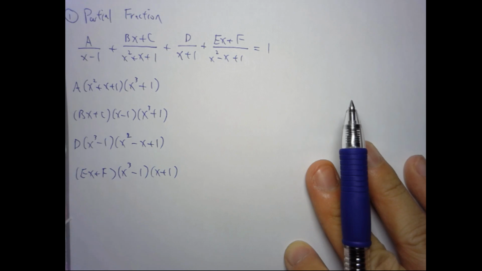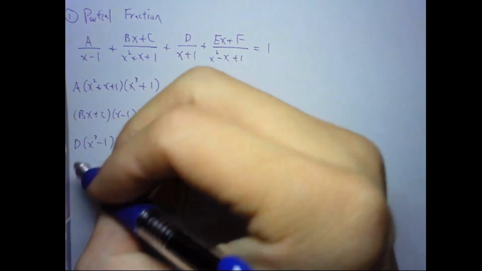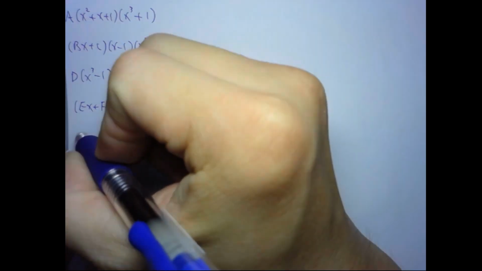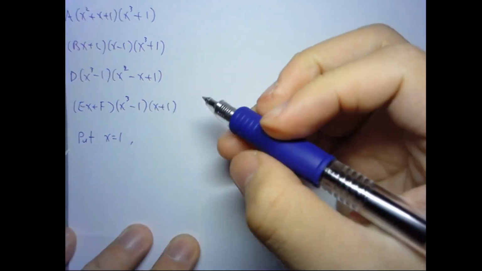We need to solve each unknown one by one. So the most simple action is, let's go up, put x equal to 1.